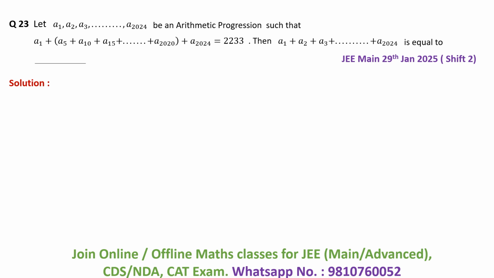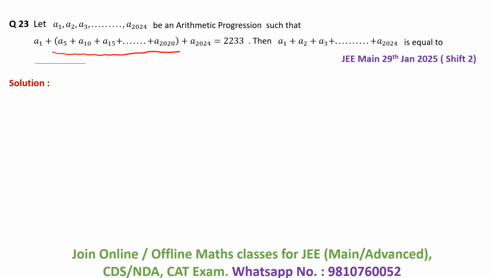Now, it's very obvious that in this question, we have to find the sum of the first 2024 terms of the AP. Now, students, if you look carefully inside the bracket of this sum, then the suffixes of all these terms are consecutive multiples of 5. Why?